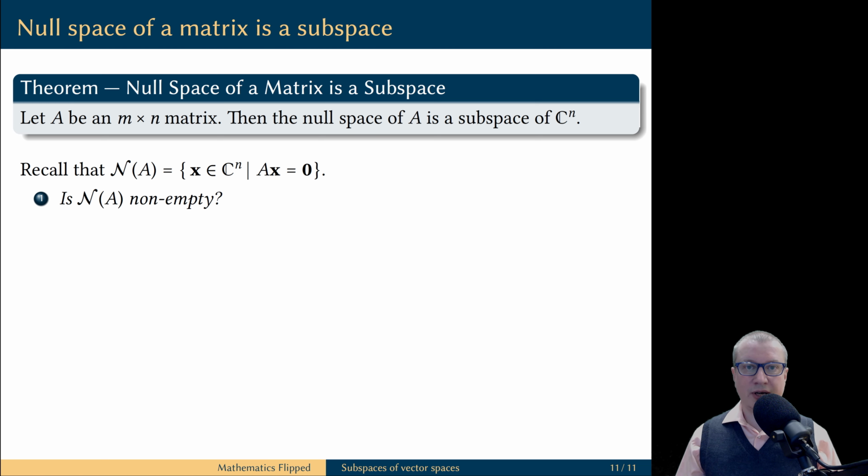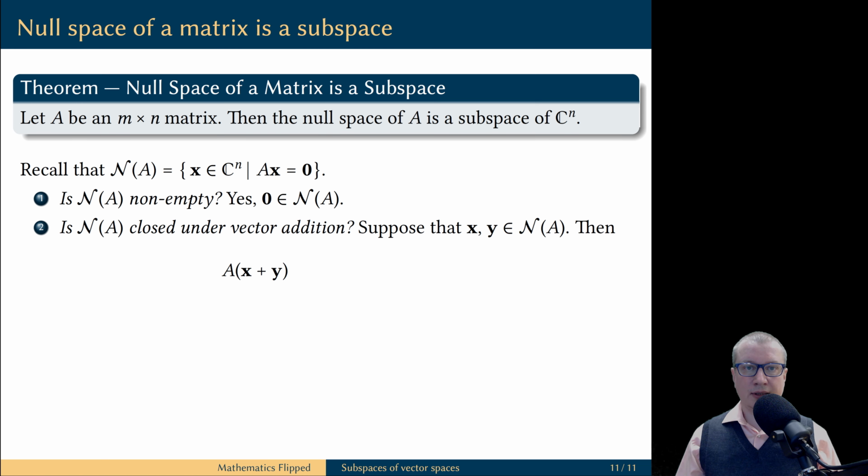Is the null space of any matrix non-empty? Yes, because there is always the trivial solution. This is a property of all homogeneous linear systems. Is it closed under vector addition? Let's take two elements of the null space, vector x and vector y, and we would like to check if x plus y is an element of the null space. For this, we are going to consider the matrix vector product.